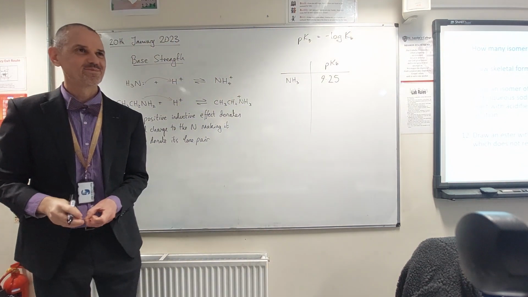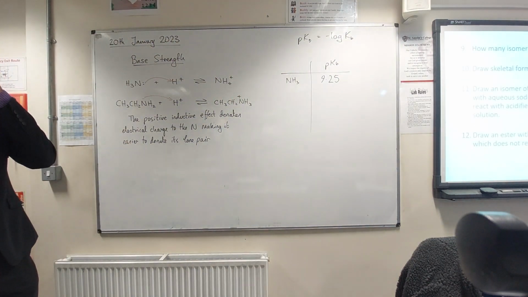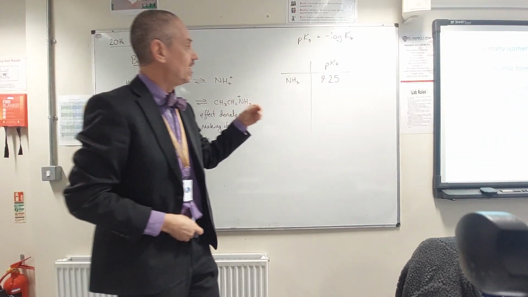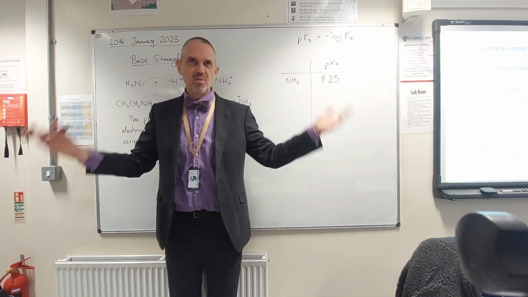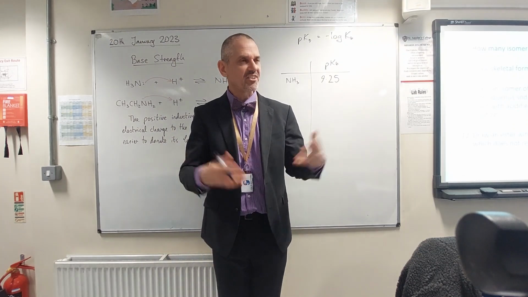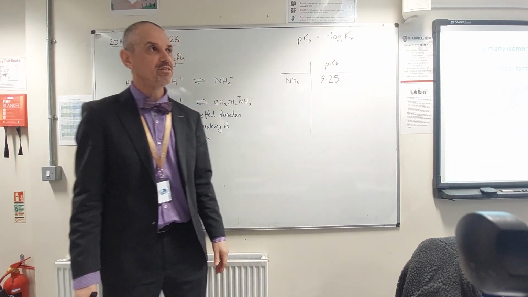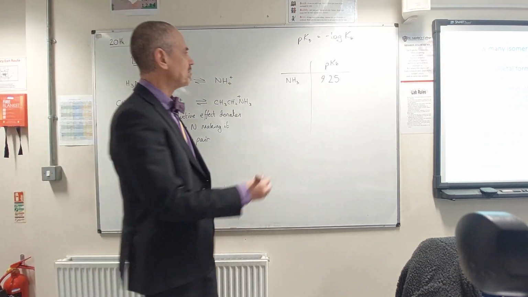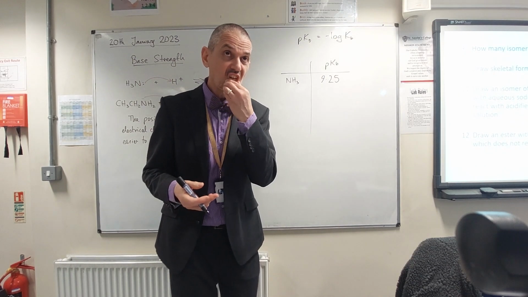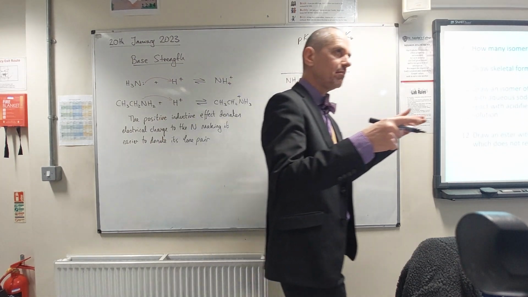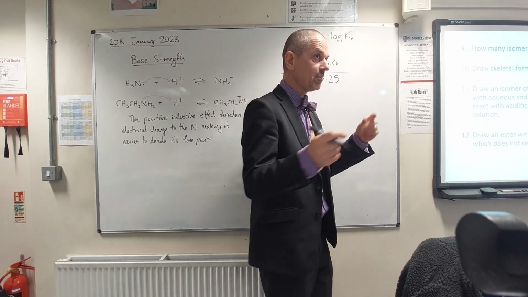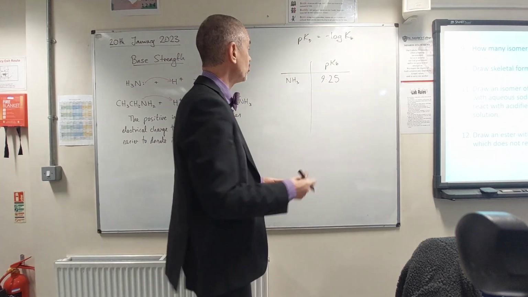It takes our very big number, very small number, whatever it is, and turns it into an easier number to manipulate. Just like pH, bigger number, stronger base. So pKb, bigger number, stronger base.